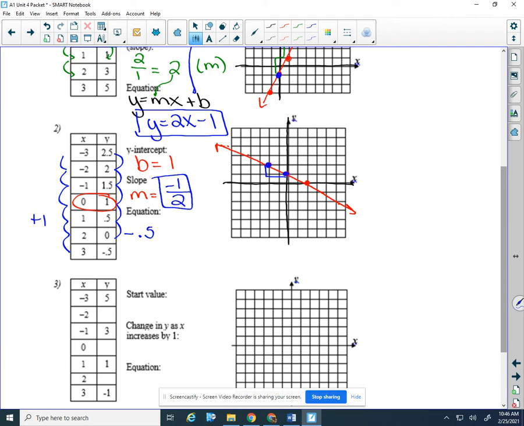And that's where that comes from. You can use decimals or fractions, it's fine. And now our equation, y equals mx plus b. So y equals, our m is -0.5, so -0.5x, and our b number is a 1. And there's your equation.